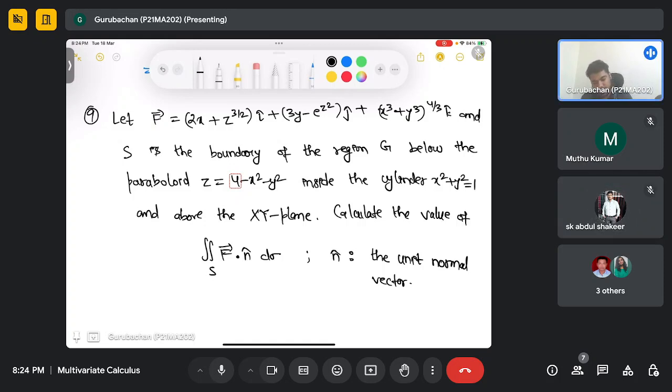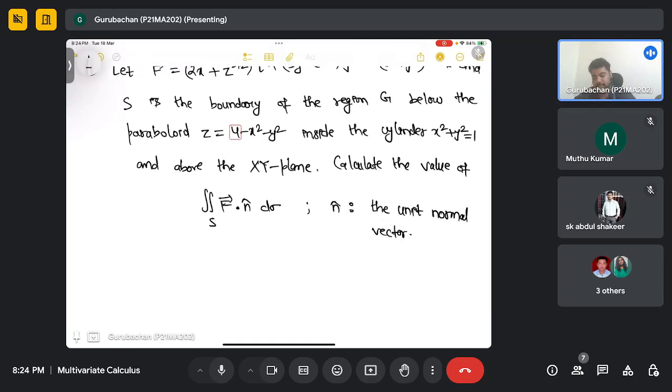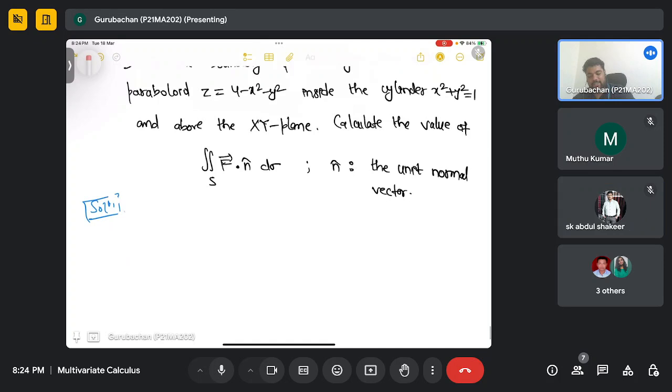S is the boundary of the region G, bounded below the paraboloid and inside the cylinder and above the xy plane. Since it is a closed and bounded surface, as told by Abdul, we can apply Gauss divergence theorem. Yes, sir, bounded by the cylinder, the paraboloid, and the xy plane.